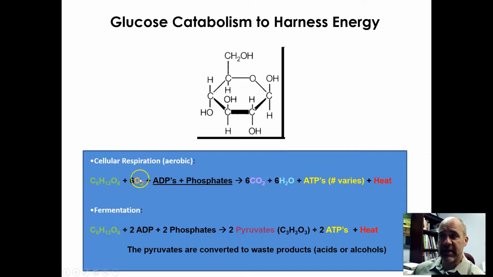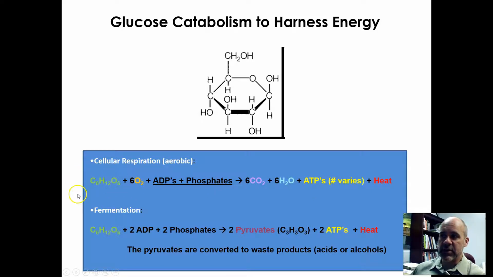You also have 6 oxygen gas, O2 molecules, that are inputs for this process, which are required if you do aerobic cellular respiration. Remember, aerobic organisms require oxygen gas for survival. And then we've been talking about how ADP and phosphates get bonded together to build ATP. So you need those as inputs. And over here you see the ATPs as outputs.